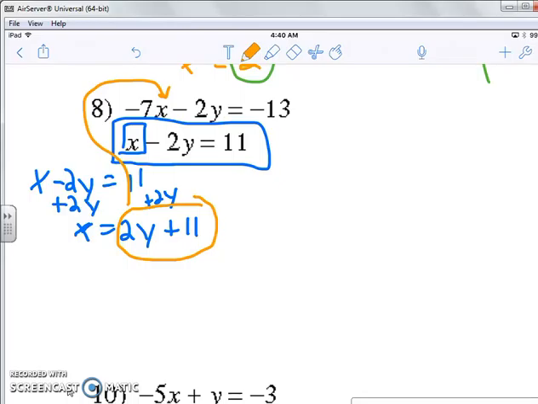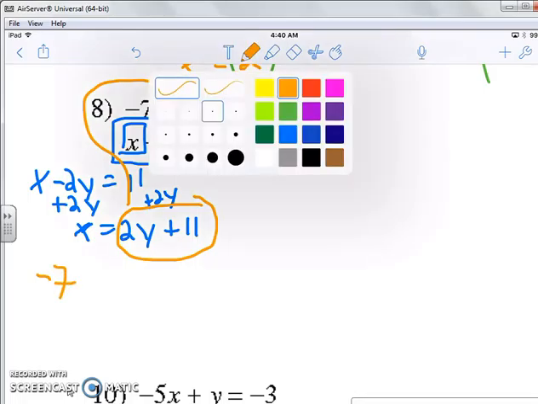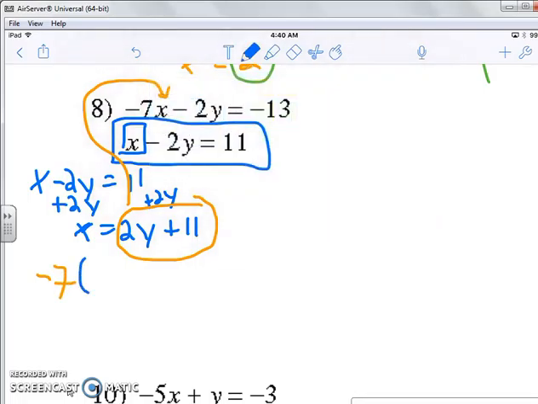Alright, so negative 7 in place of x, I'm going to write the 2y plus 11. Now I have the rest of that equation, minus 2y equals negative 13.